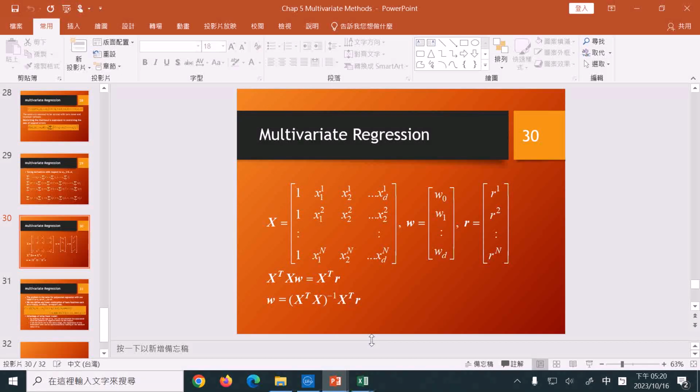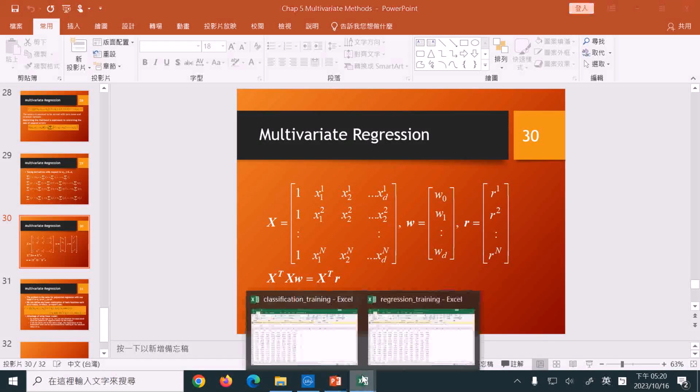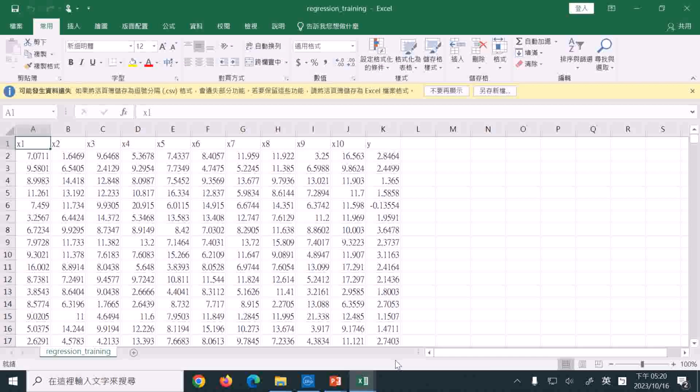So we have x1 up to xn, x2 up to xn, xt up to xn. The formula is this. So totally we have x is a 1800 by 10 matrix, that is x, okay?